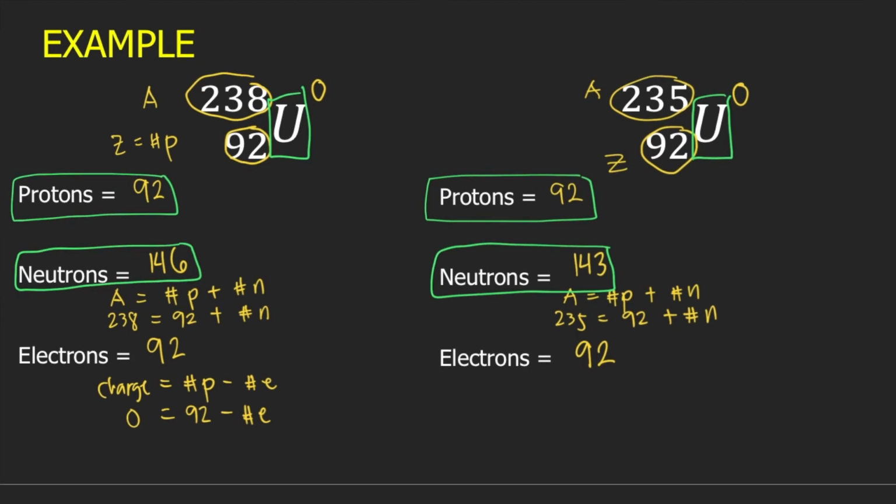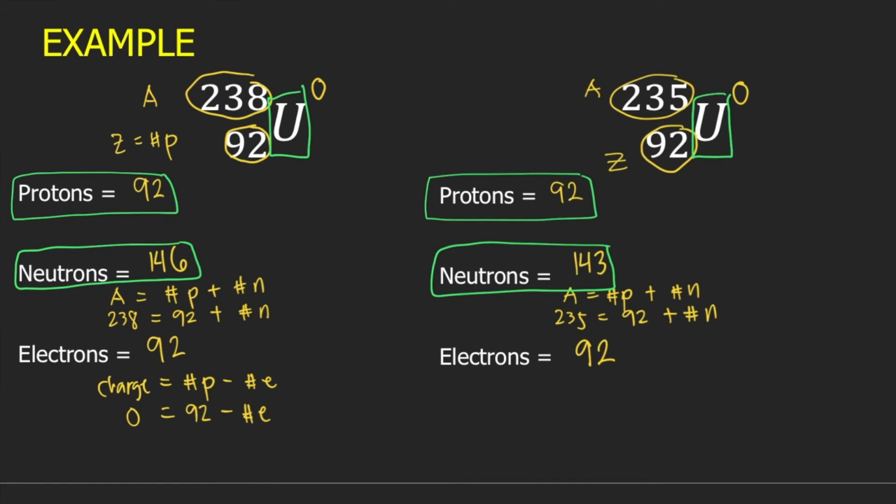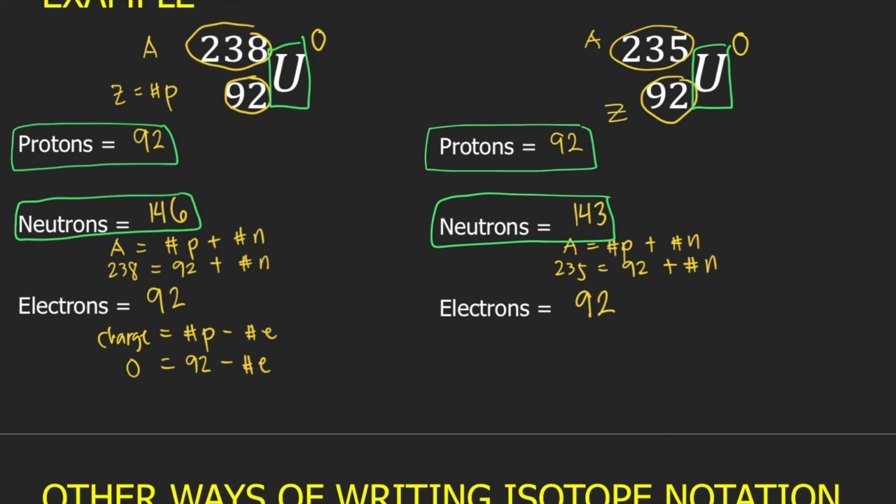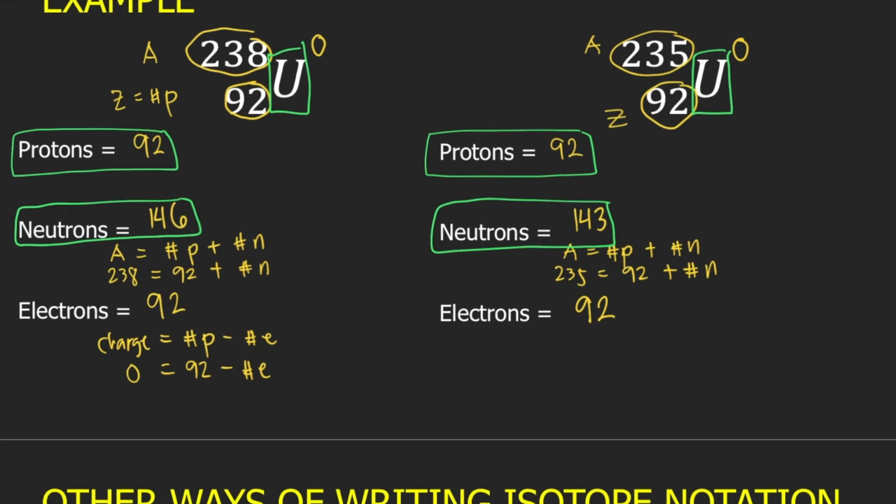Now, we've been discussing isotope notation, but we haven't defined what an isotope is. This is a perfect opportunity for us to define what is an isotope. So let me just write it below, using a different color. Okay, so let's define what is an isotope.